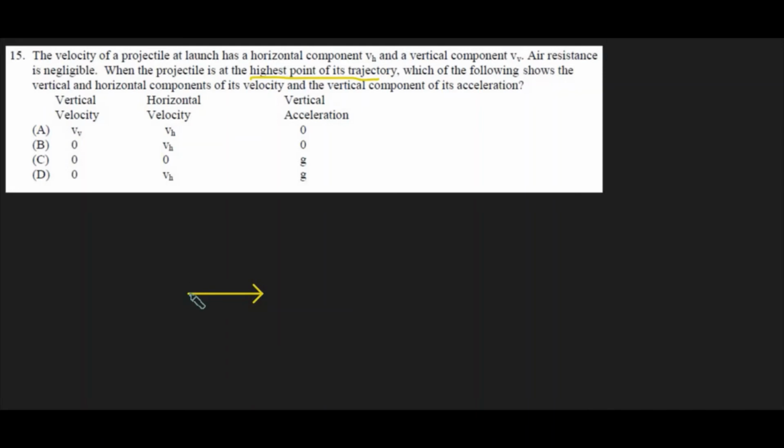Here they have given the initial horizontal component, represented by vh, and the vertical component, represented by vv. The object has been projected with this velocity, and it is moving like this, and that will be the highest point. At the highest point, we have to find what the components of velocity and acceleration would be.